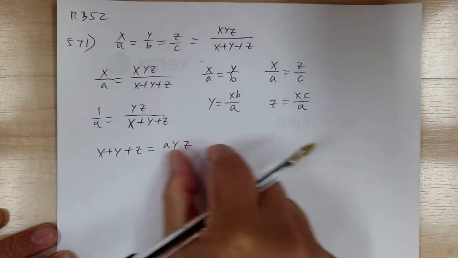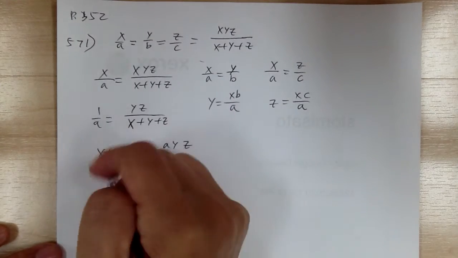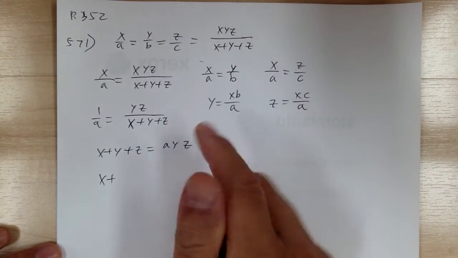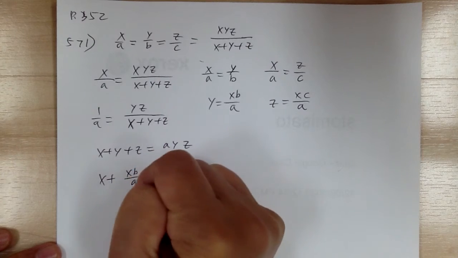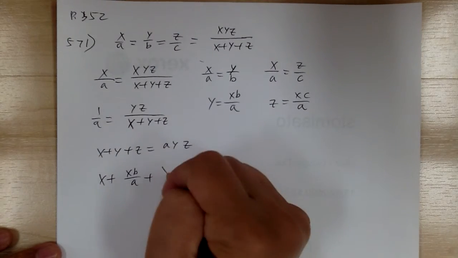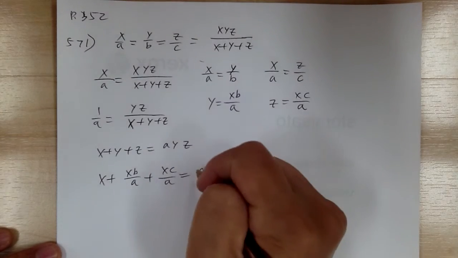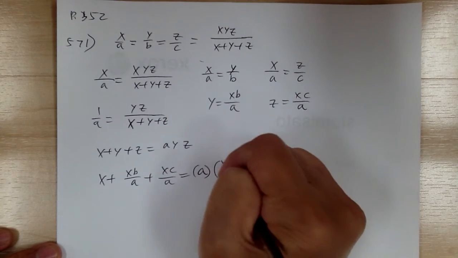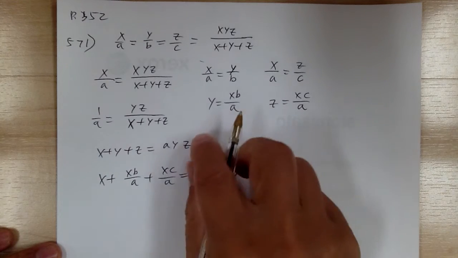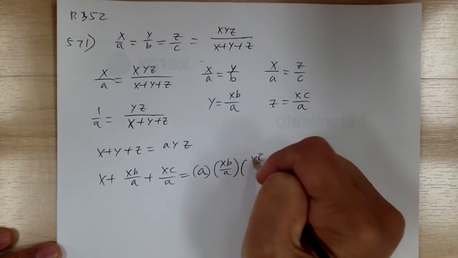Now I'm going to substitute this into here. So x plus, y is xb over a, z is xc over a, equals a times y, which is xb over a, times z, which is xc over a.